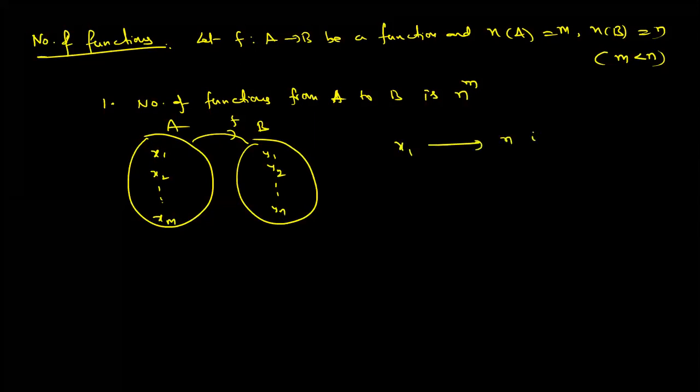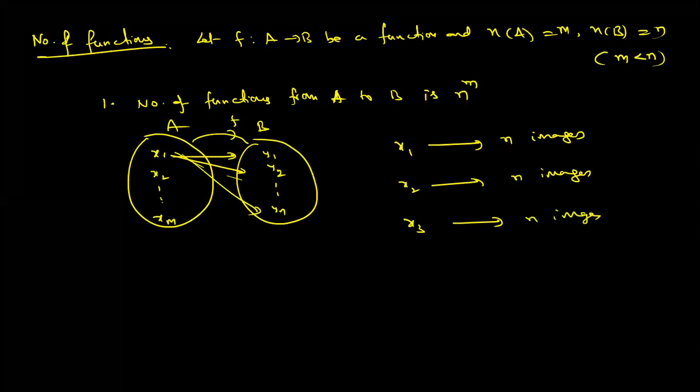There are n images possible: y1, y2, y3, and so on to yn. Similarly, for x2, n images. x3 also, n images, and so on up to xm.